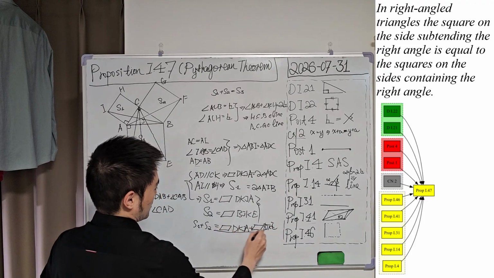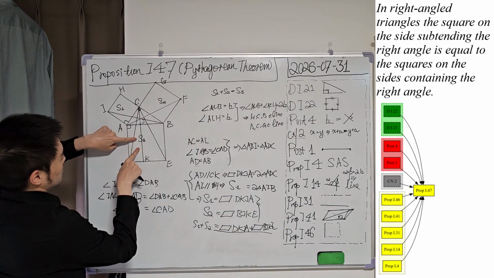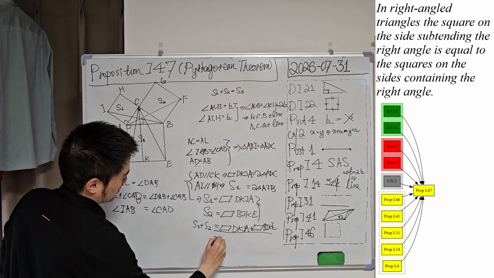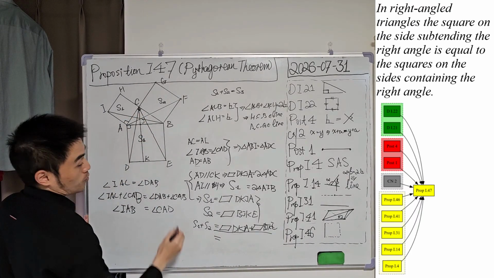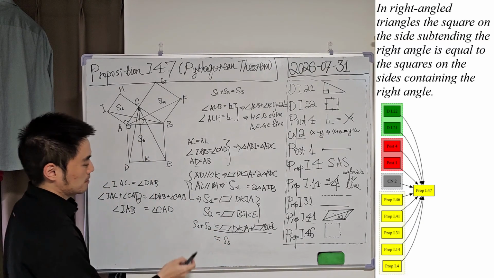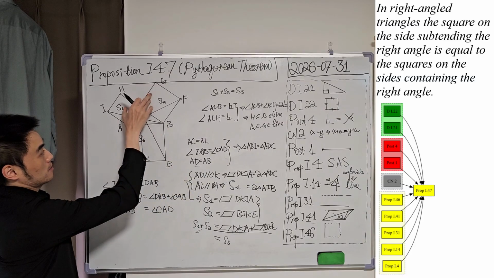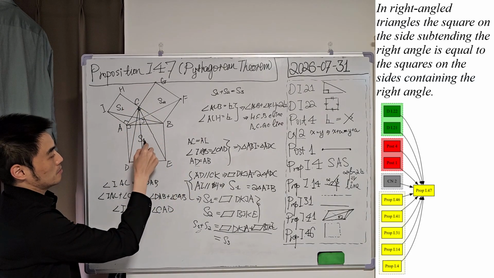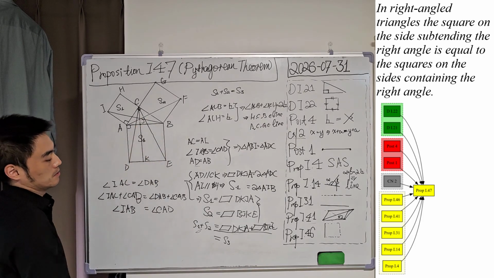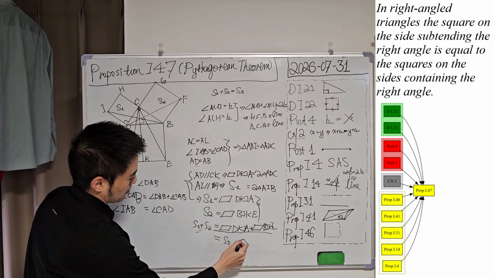So what is this? We add this parallelogram to this parallelogram, and the result is absolutely the square S3, correct? So we have proved the sum of these two squares is equal to the square on the side subtending the right angle, which concludes our proof.